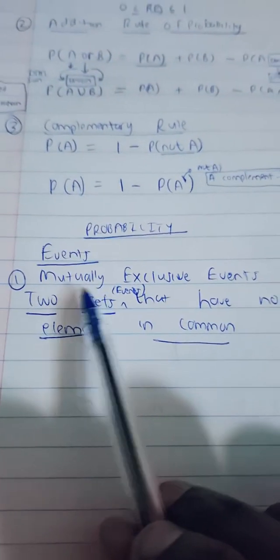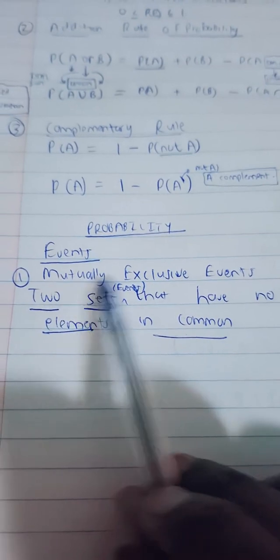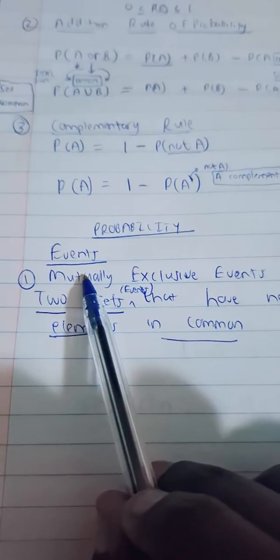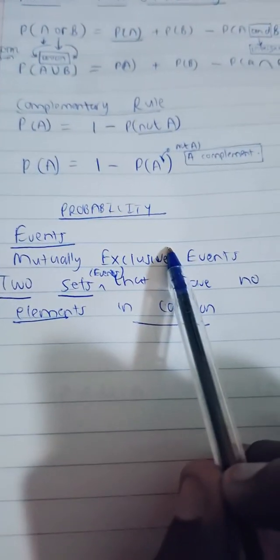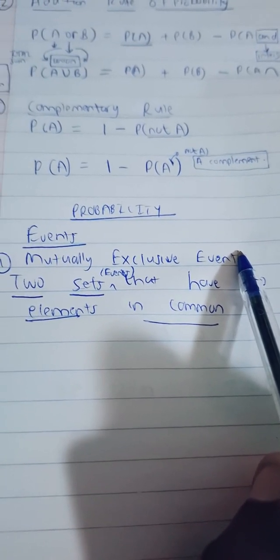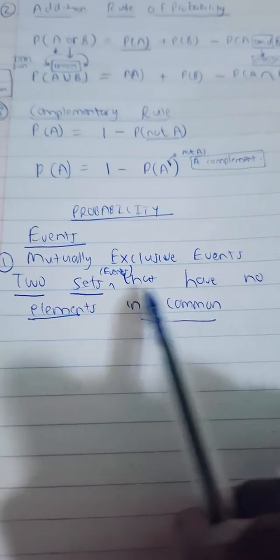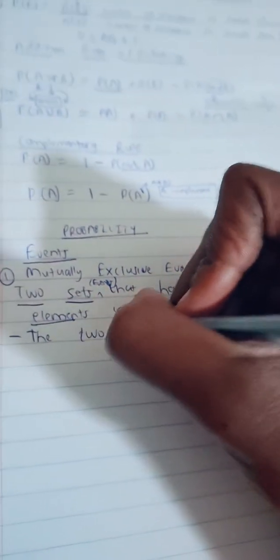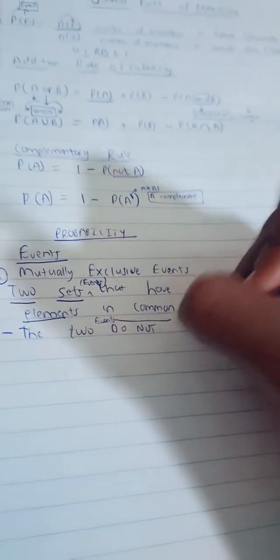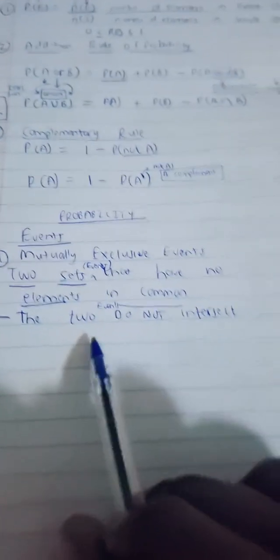We refer to those types of events as mutually exclusive events. So these are two sets or events that have no elements in common. In other words, the two events do not intersect. There is no intersection.